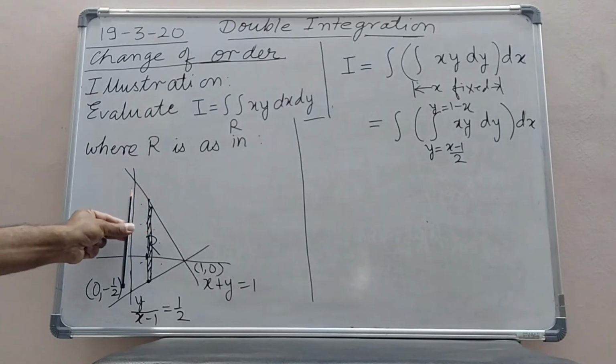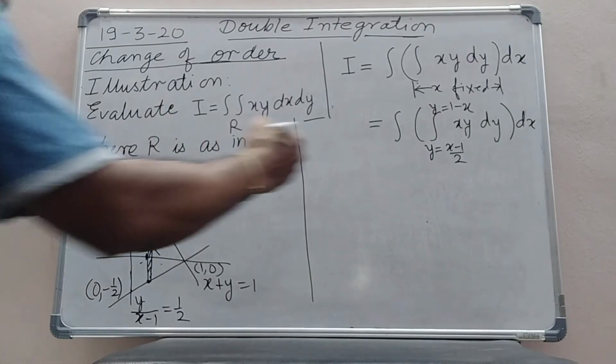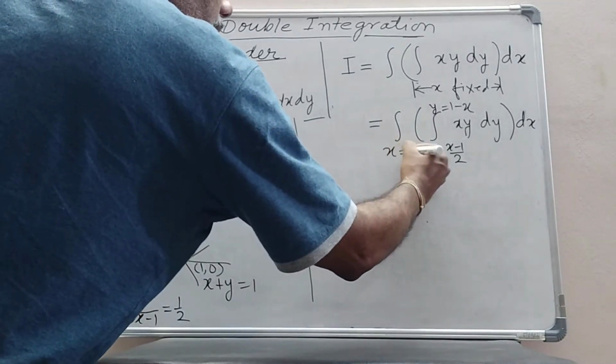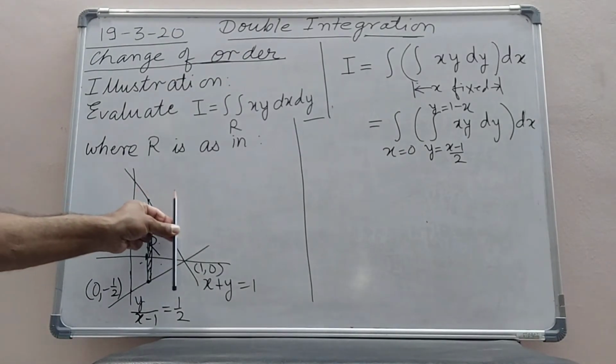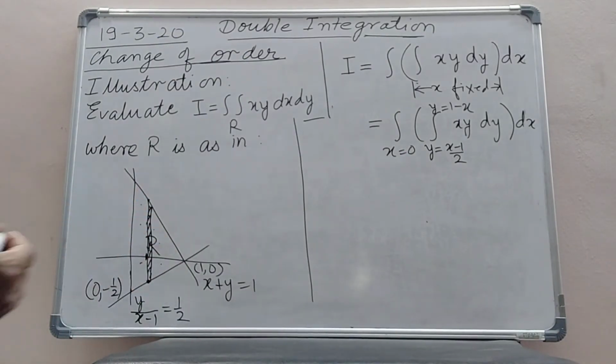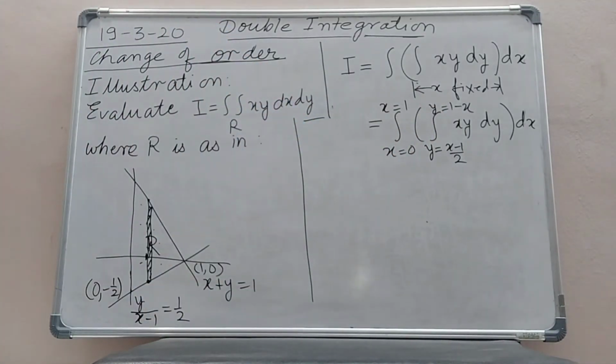Therefore, the leftmost position is when this strip coincides with the y-axis, and therefore x will be 0 there, and the rightmost position of such a strip coincides with this particular point for which x is equal to 1.